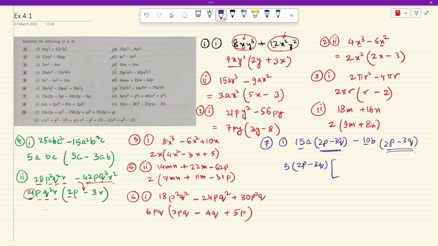Now you take 5 common, out of 15, 3 remains with a, and over here 2b remains. So this is my answer. So basically it will be 5(2p minus 3q)(3a minus 2b).